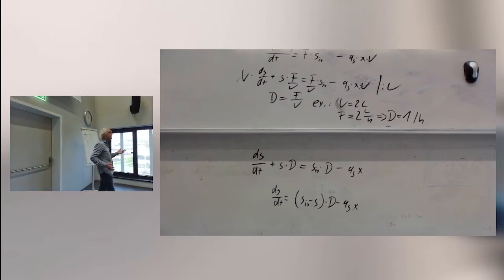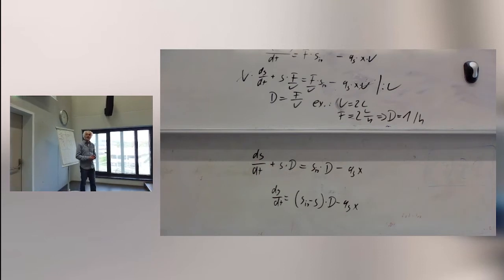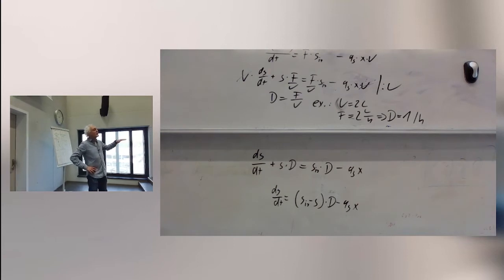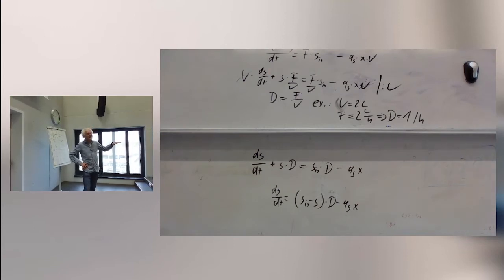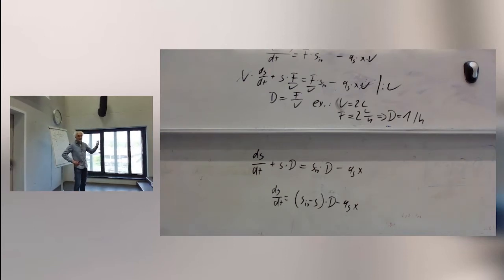If we know the specific growth rate, we could solve this for the biomass. Now we solved that for the substrate, we can do the same for the biomass. We could calculate how we have to adjust the trajectory of our flow rate so that the substrate concentration, for example, stays constant, as an example. And then we can solve it and we can calculate F.